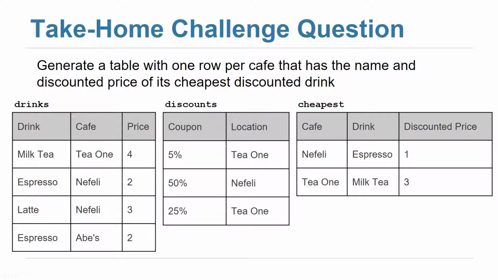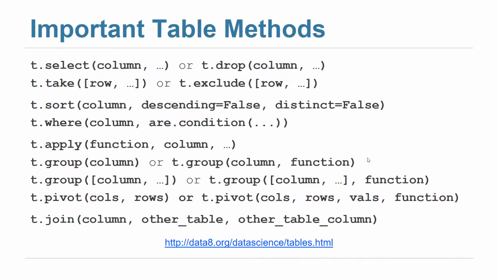Here, we just want to keep the drink for each cafe, the drink that will give us the cheapest discounted price. For each cafe? For each cafe. Of course, among the cafes that are offering discounts, right? If the cafe doesn't offer a discount. Okay? So the question is clear? Okay.